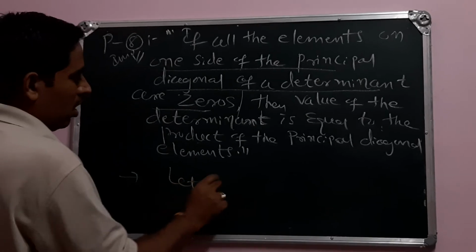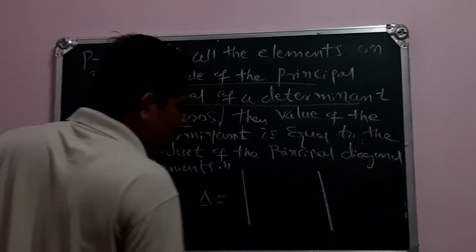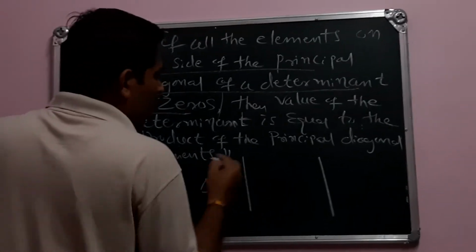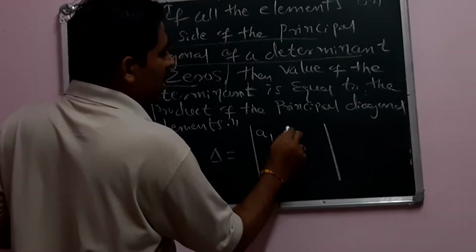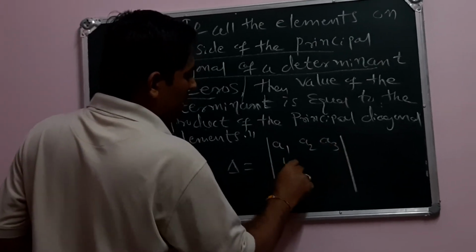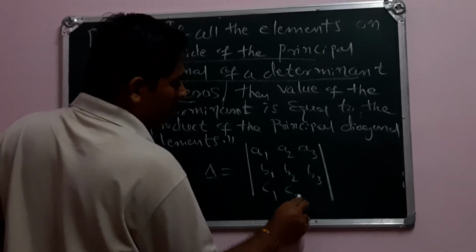For example, what does the property say? If the determinant is, normally we write it as A1, A2, A3, B1, B2, B3, C1, C2, C3, as in our previous properties.